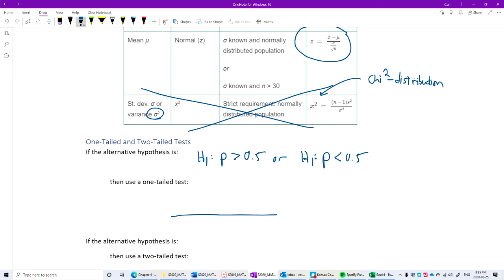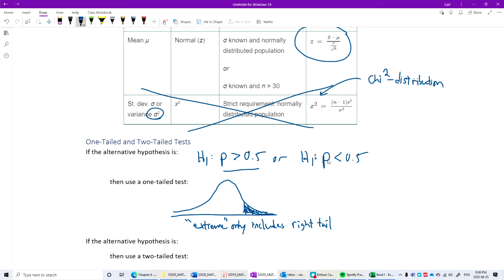So if I say I think this coin is biased in favor of heads, that is my claim here. Then I'm not looking for many tails, I'm only looking for many heads. So what counts as extreme is only things to the right. Extreme only includes large values of p. Only includes the right tail.